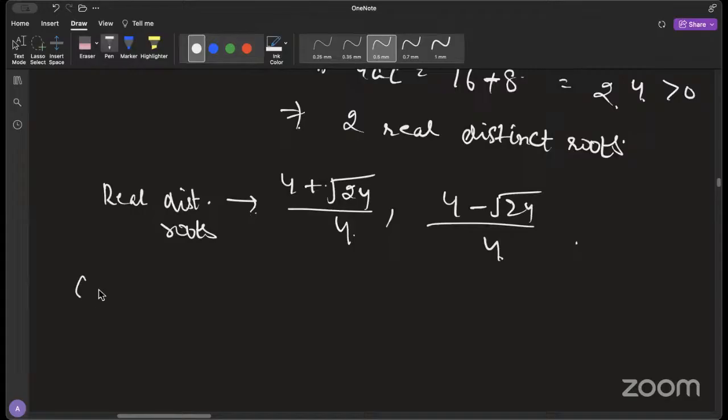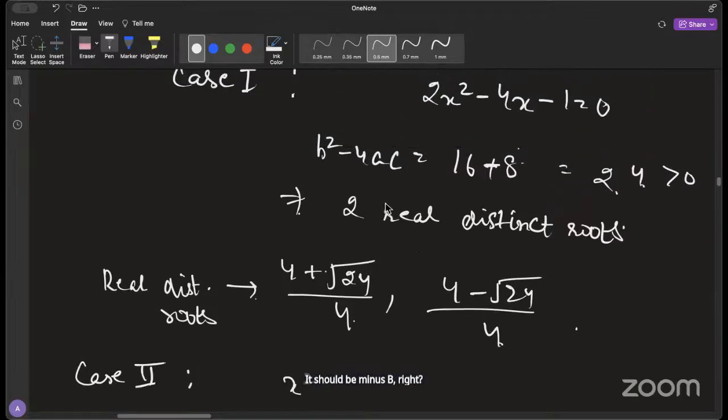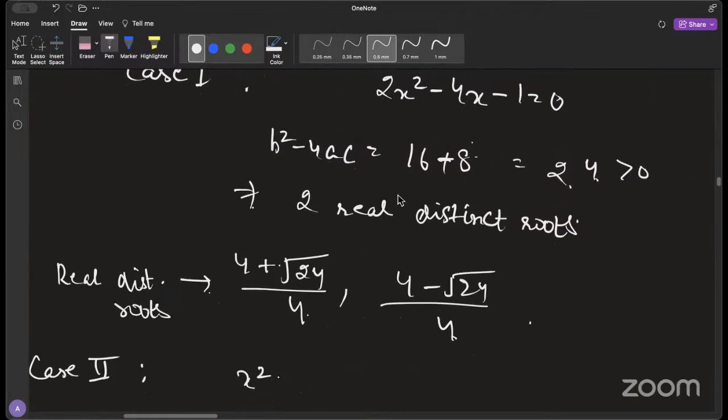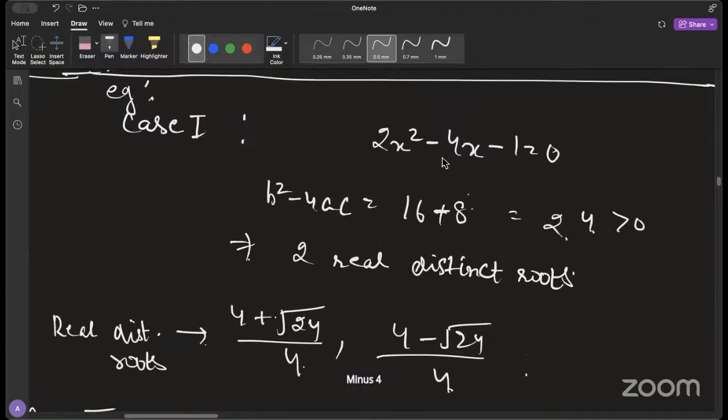Let's do one example on case 2, where we need b square minus 4ac to be 0. So let's take, it should be minus b, right? B is minus 4, so minus b is 4. Minus of minus 4 will be 4.